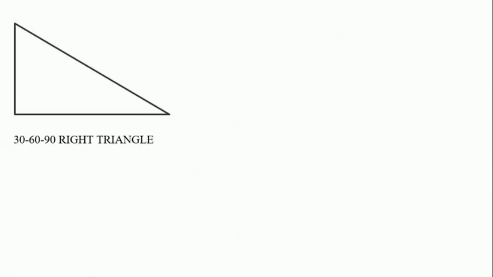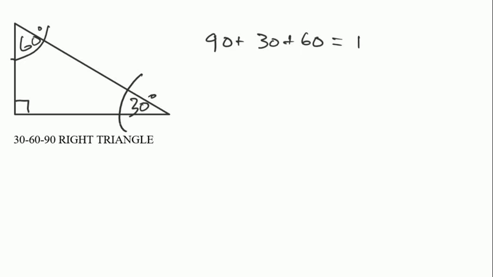So in the 30, 60, 90 right triangle, we obviously have an angle of 30 degrees, an angle of 90 degrees, a right angle, and an angle of 60 degrees. Now, obviously, these angles add up to 180. 90 plus 30 plus 60 is just 2 times 90, which is just 180.